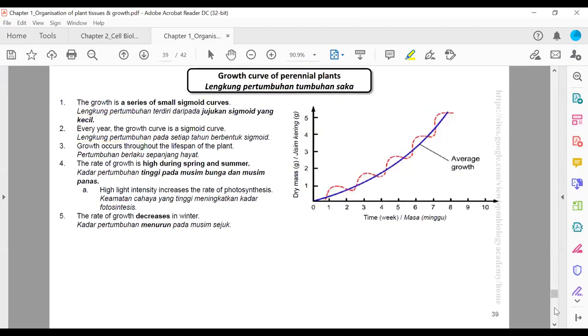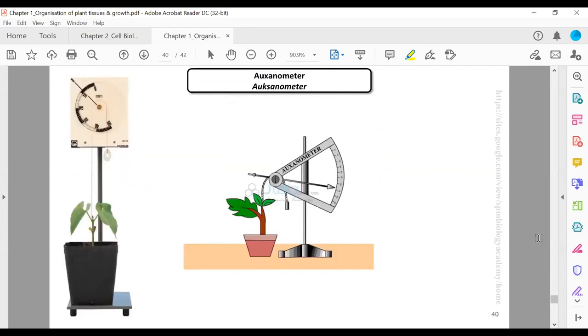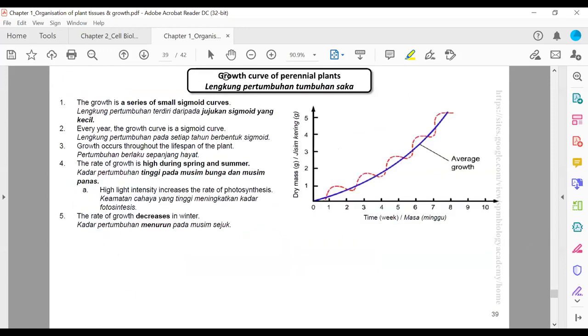Let's go to the last one, the third one. Oh, we're going to finish already. Growth curve of perennial plants, ataupun lengkung pertumbuhan tumbuhan saka. So let's see the growth curve of perennial plants, which live for many years. The growth is a series of small sigmoid curves, jujukan sigmoid yang kecil.